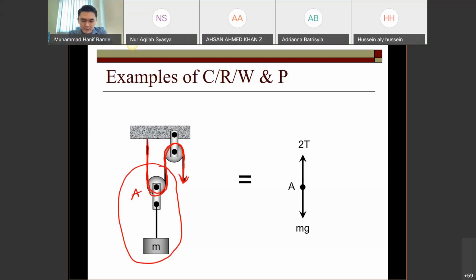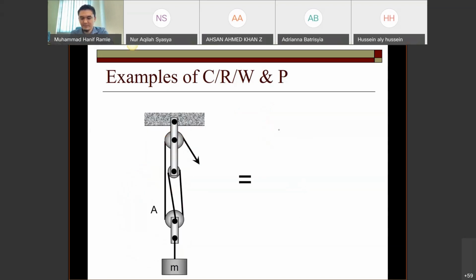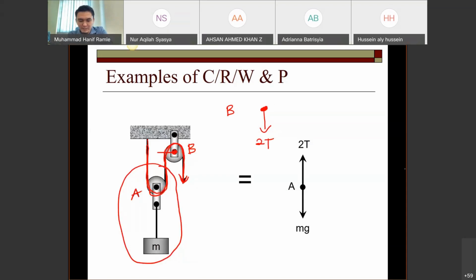That's why in the example we have this FBD. Let's say I introduce one more point, which is B. Can you show me maybe the FBD of point B? 2T downward. All right, is it correct?